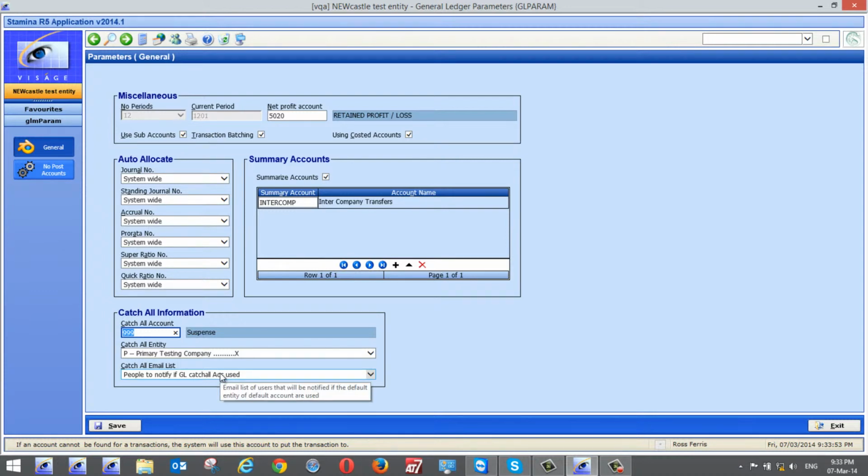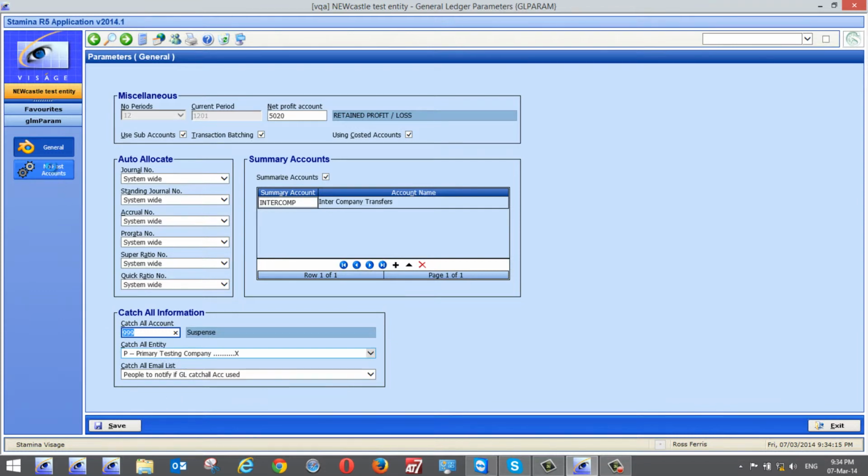And the corrective actions that I would expect that they would take would be initially to reverse the entries that were made to these catch-all accounts and or entities and put them to where they should be, but then to complete the task and ensure that you don't have a repeat of that problem, go into the associated areas to set up the missing information.